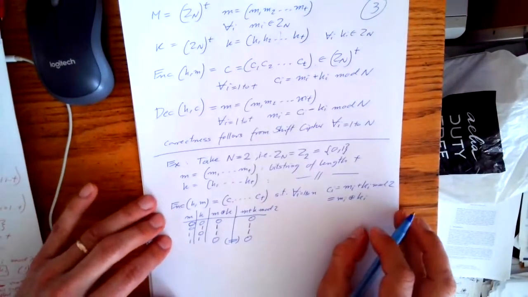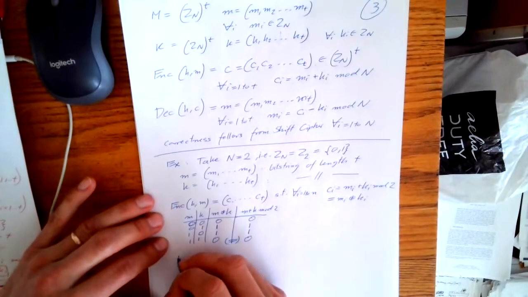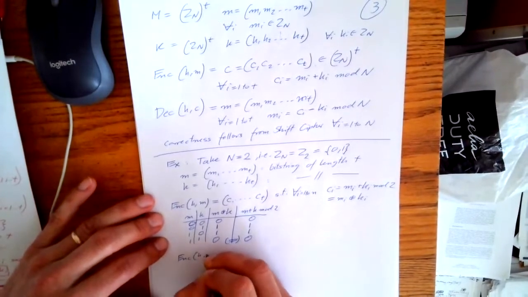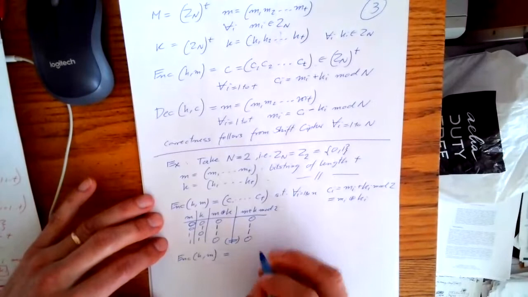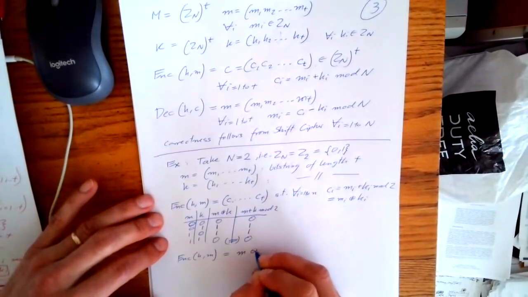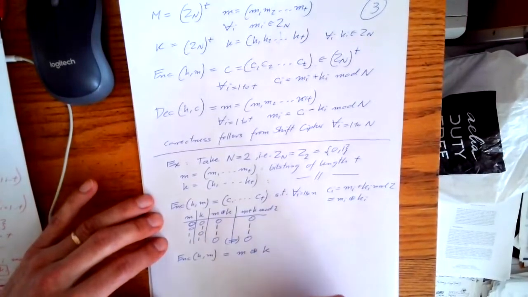Okay. So in other words, this encryption, yeah, I can write it in this way. It just takes an XOR of these two strings.